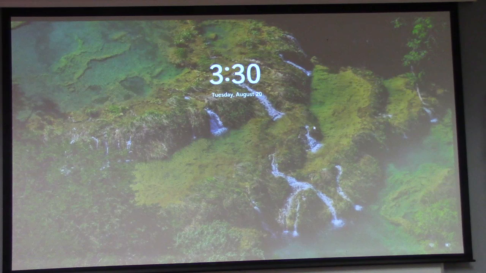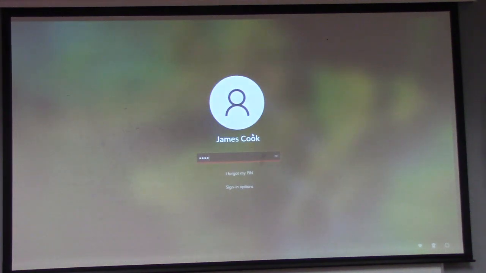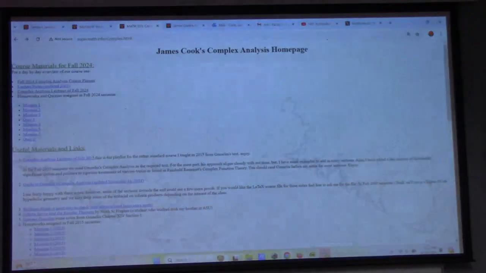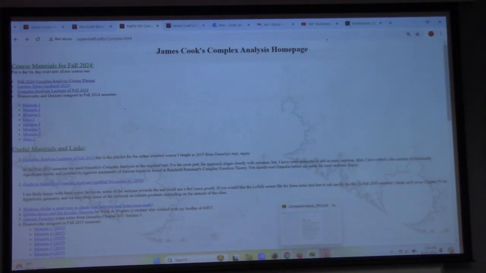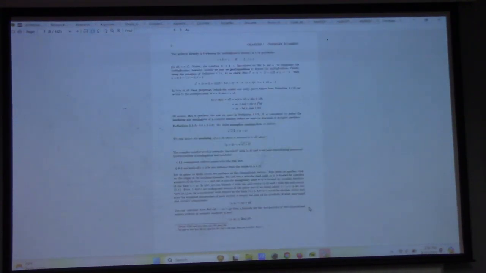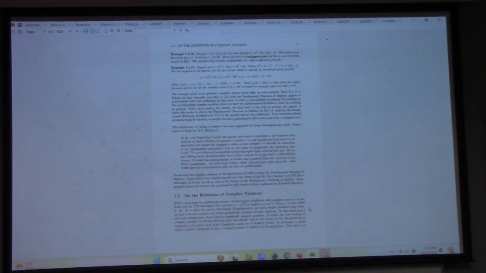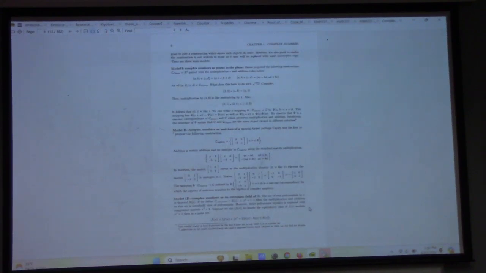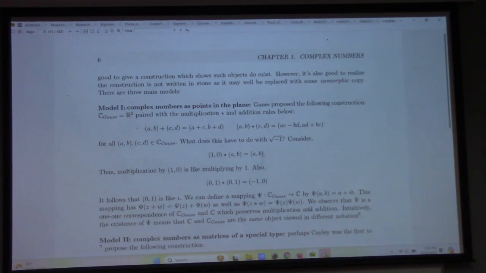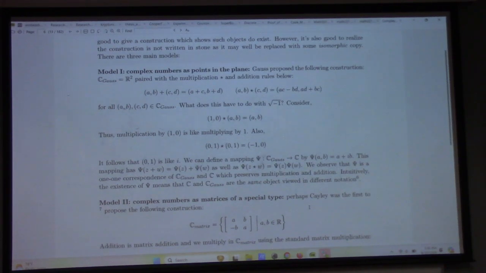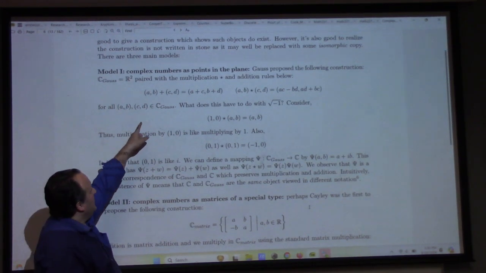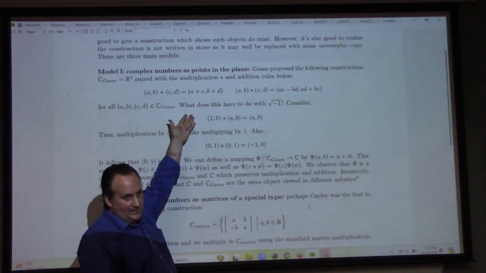We have a slightly nicer notation, but you see, if you add the components, that's how we defined addition.